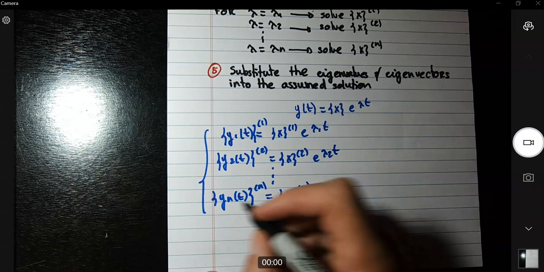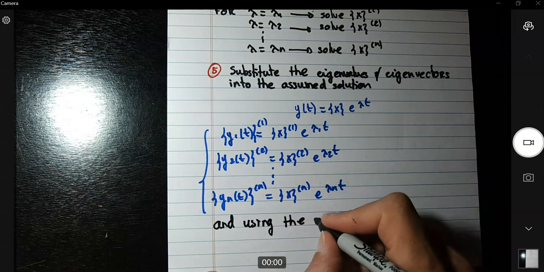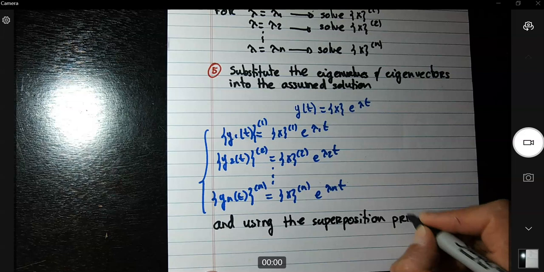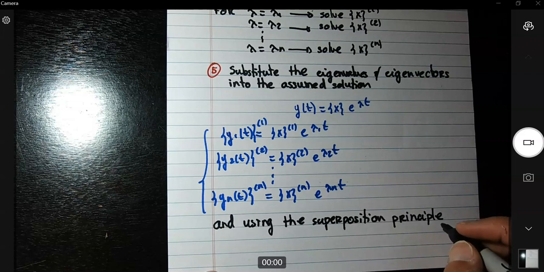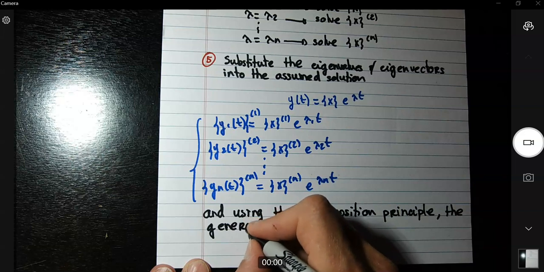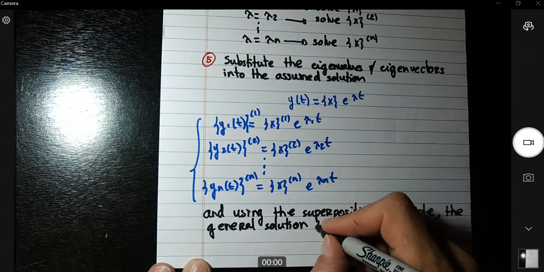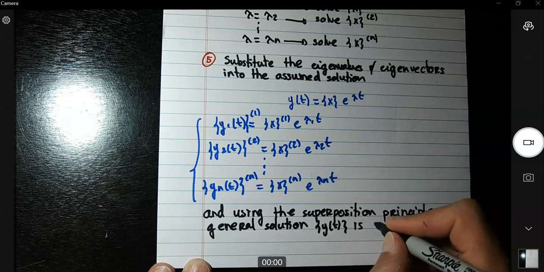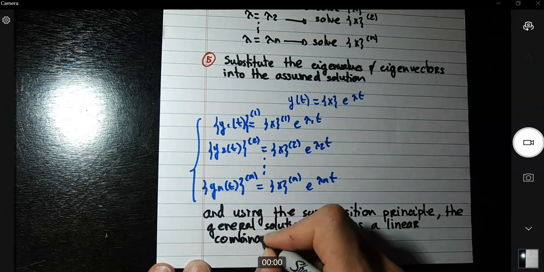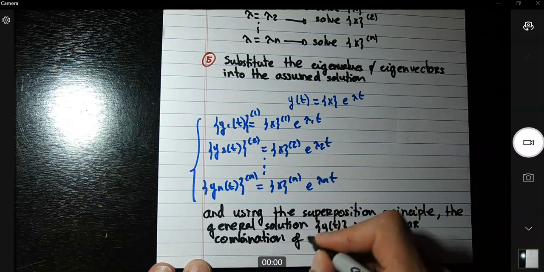Okay, so using the superposition principle, the general solution y of t is a linear combination of the ones above.